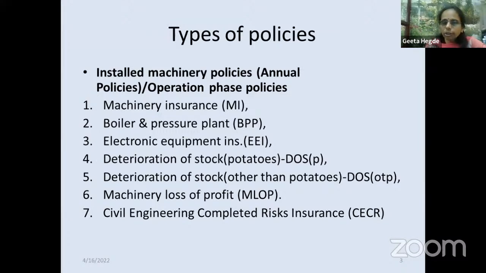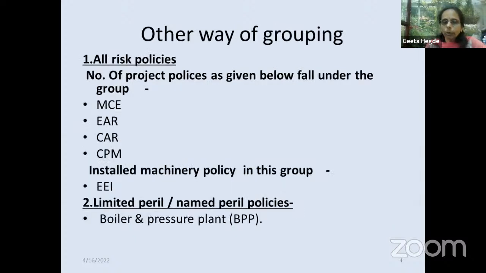So machinery insurance, boiler and pressure plant, electronic equipment, deterioration of stock insurance, machinery loss of profit, and civil engineering completed risk insurance. All these are operation phase policies, that start after the construction phase gets over. So this is one type of classification. Another type of grouping is that some are all risk policies.